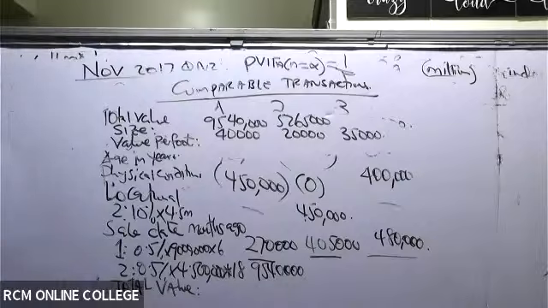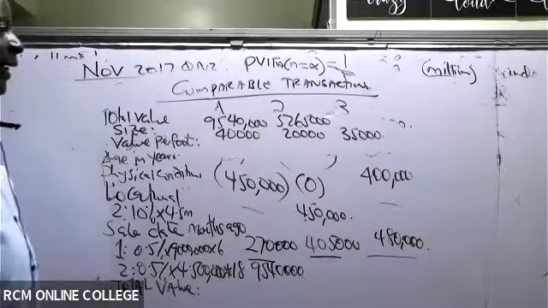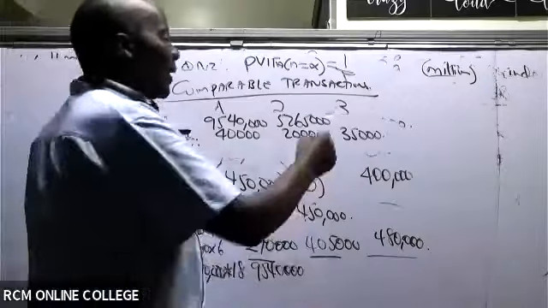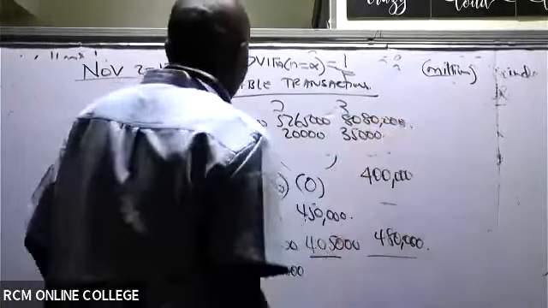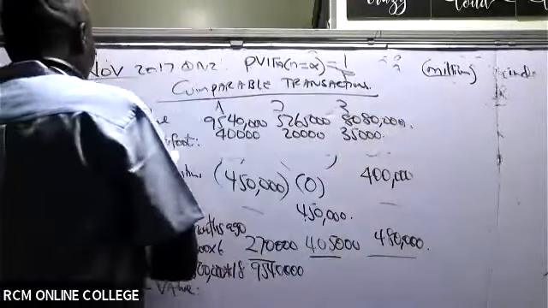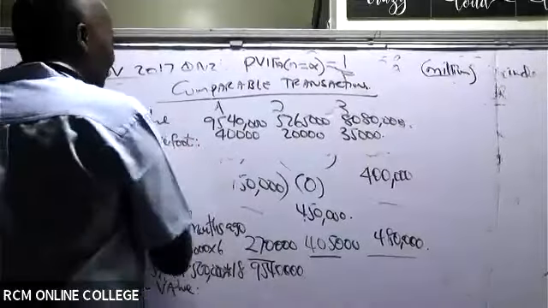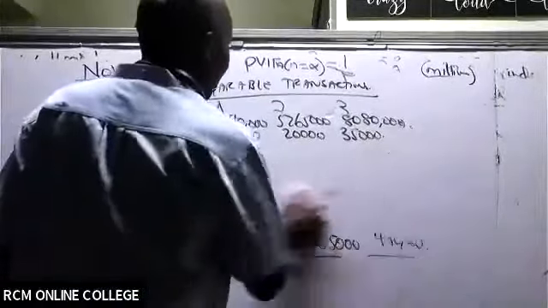Confirm whether it's a typing error. One of you has 88, another one has 80. Should I use 88 or should I use 80? Confirm.